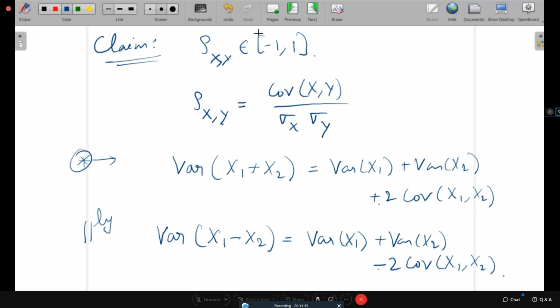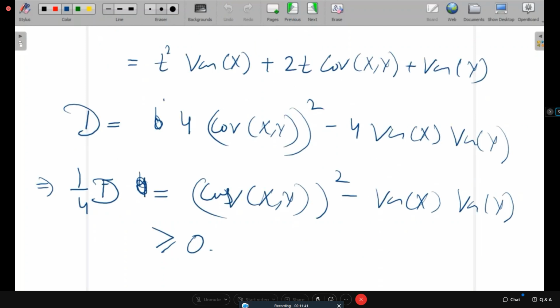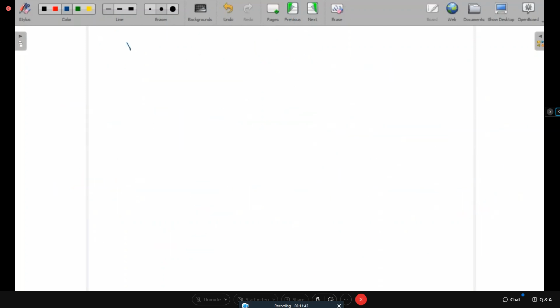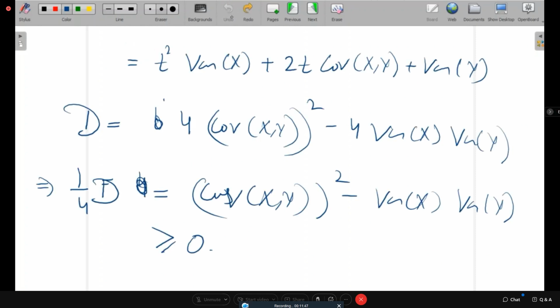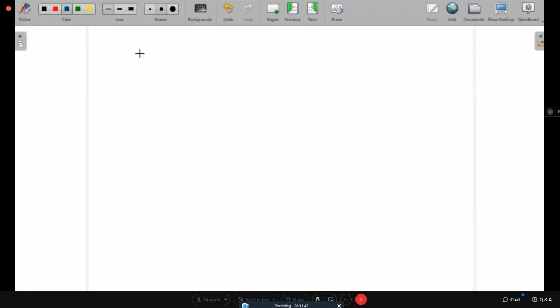Okay, what we know further about the variance property is that variance of a x1 is nothing but a squared times variance of x1.